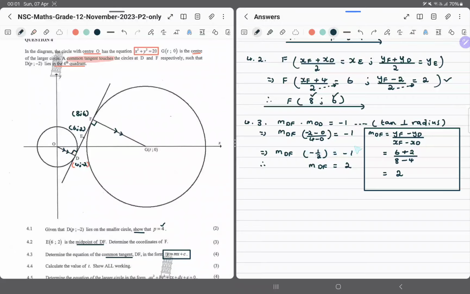So there's 2 ways we can do this gradient. We can use that property, or we can just solve this directly. Okay. So what can we say?